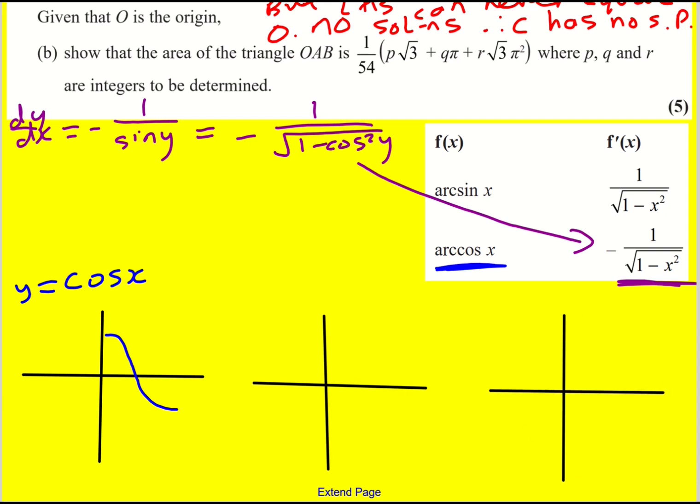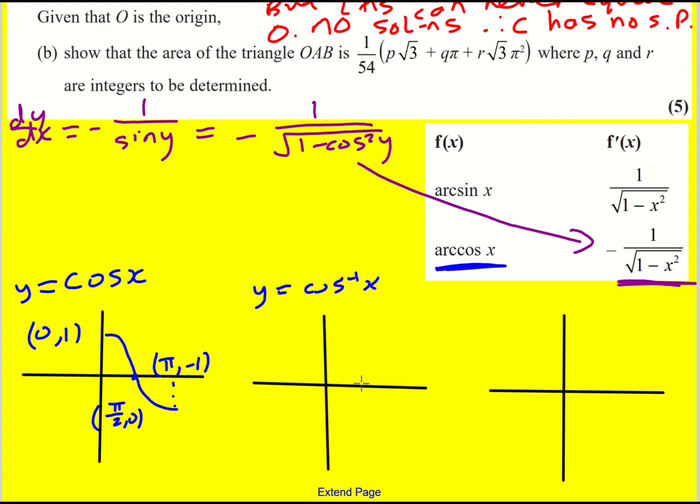So we'll just pick a few points. We've got here, this is going to be pi over 2, 0. And then this point here is pi, minus 1. And here I've got 0, 1. Now for the inverse, it just swaps around.